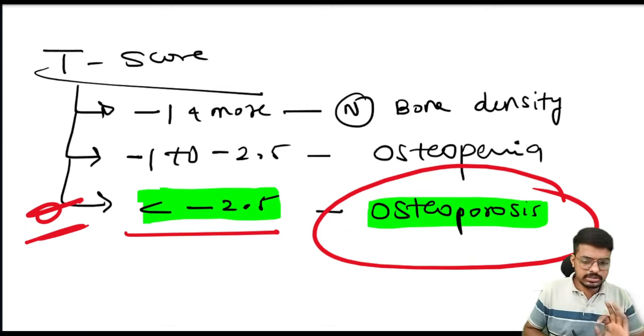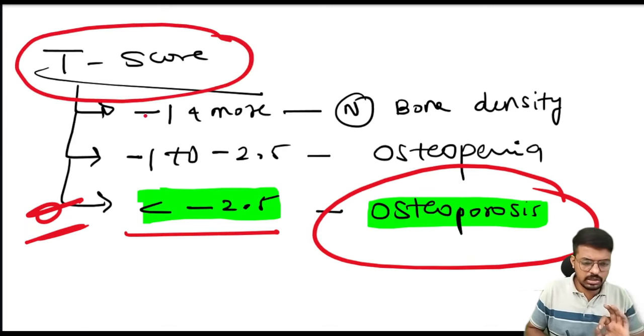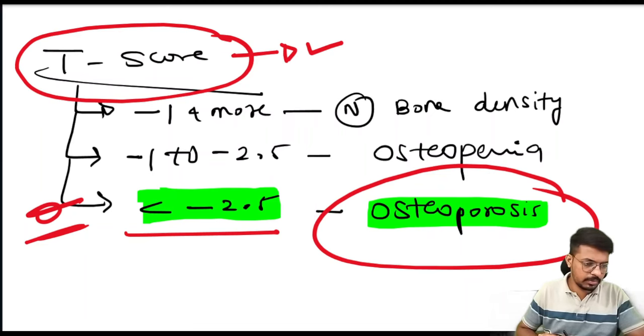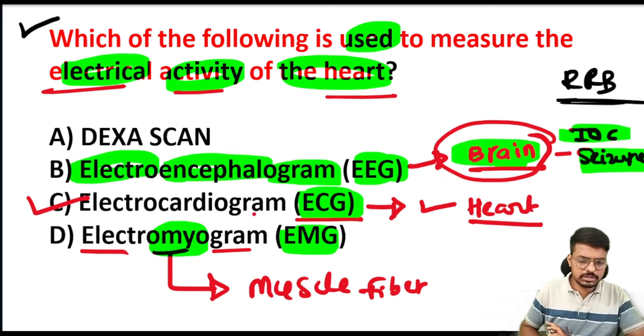DEXA scan is the investigation of choice in osteoporosis, and we have seen the T score here. The Z score is not that important for interpretation, because clinically the T score only is used. Remember this much only. I hope the answer is clear for this question, and the correct answer is option C.